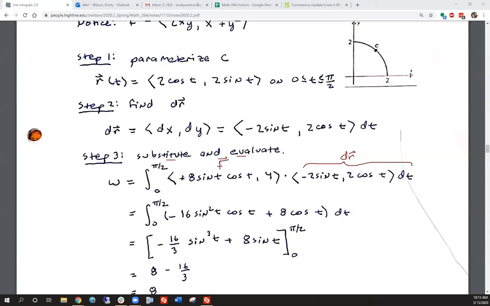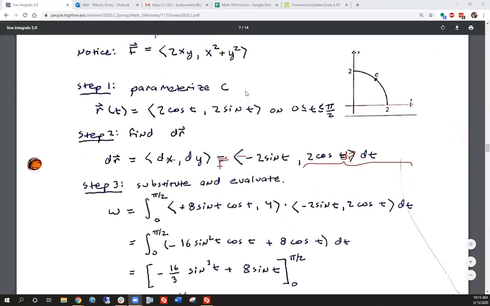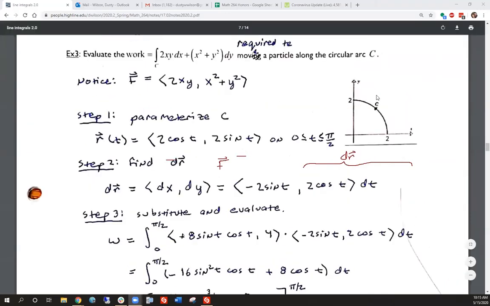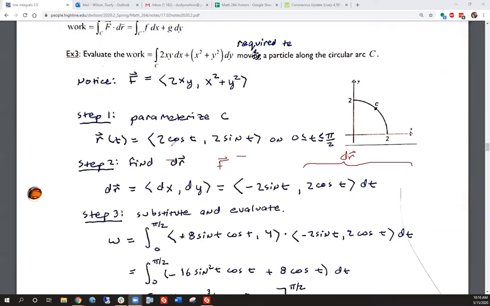How'd you get the equation on the left side, the first part of the dot? Good question. I have that x is equal to 2 cosine t, and y is equal to 2 sine t.